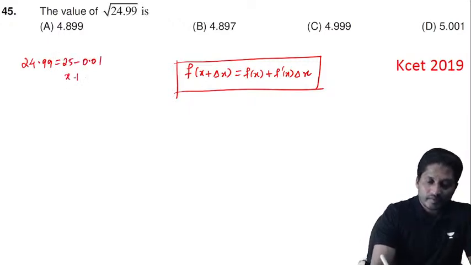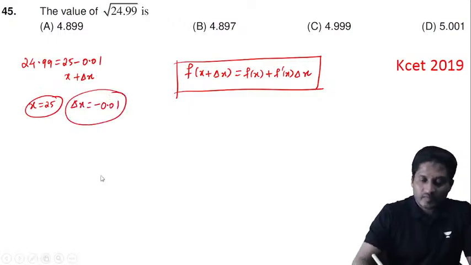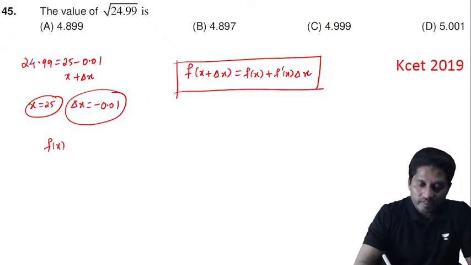This is of the form x plus delta x. x is equal to 25, right? And delta x is equal to minus 0.01. f of x is equal to root x. f dash of x is equal to differentiation of root x, which is 1 by 2 root x.